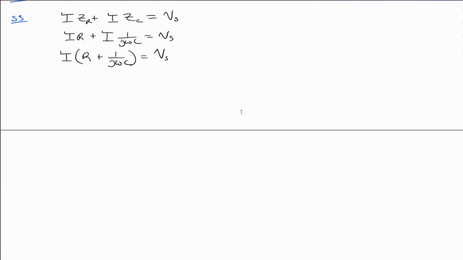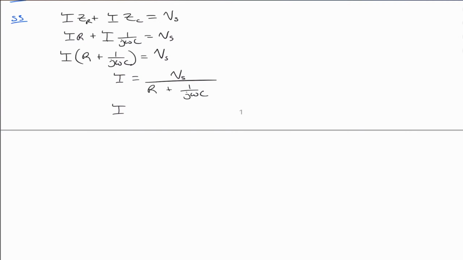We can then solve for I. So I is our phasor counterpart of our source voltage divided by R plus 1 over j omega C. We can then go ahead and simplify this a little bit.